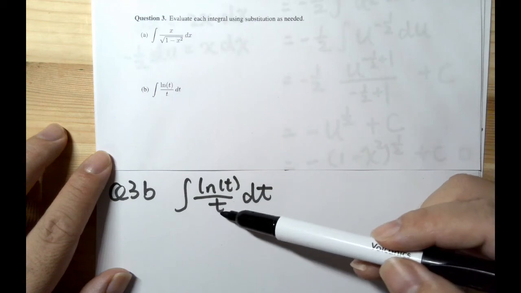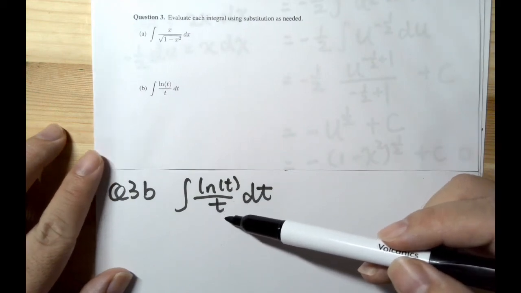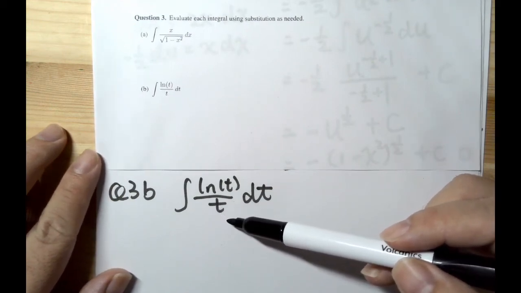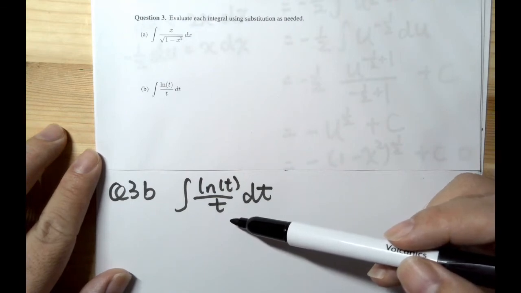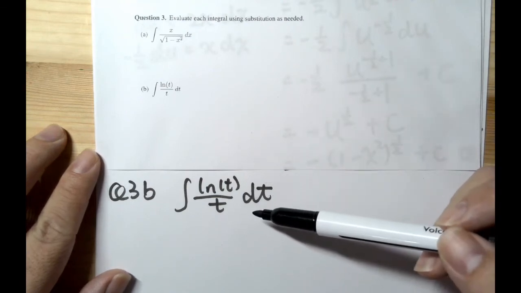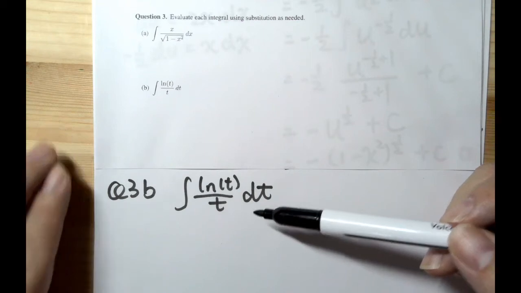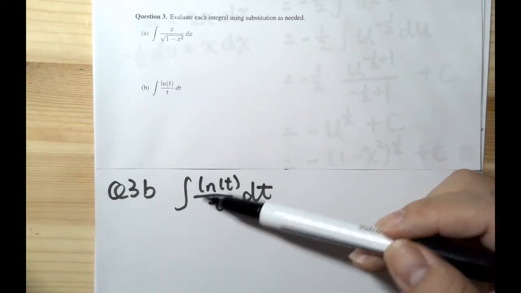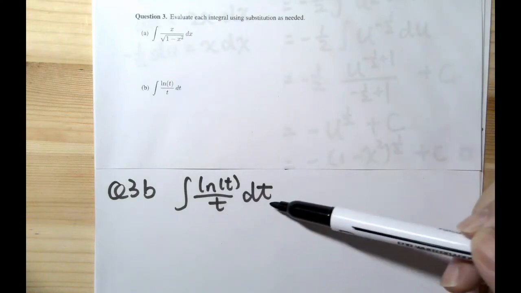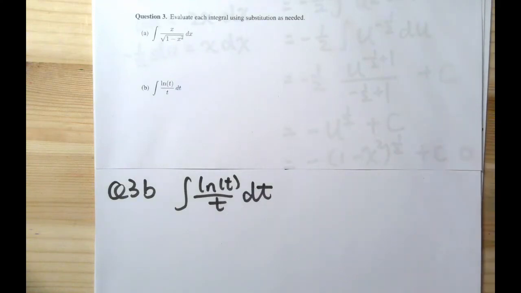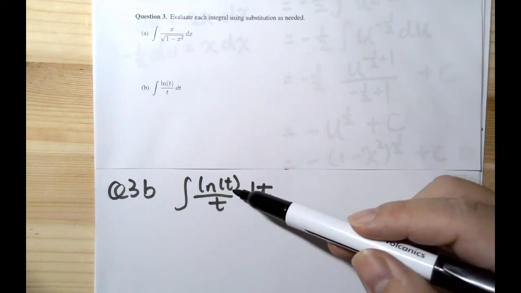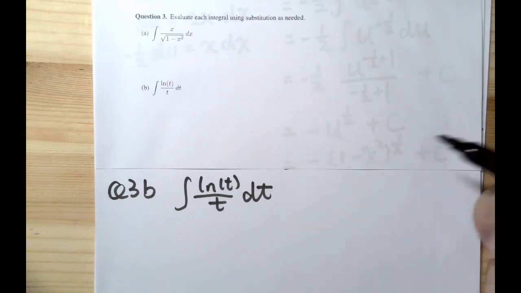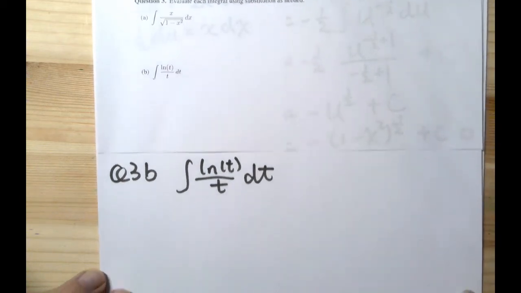If you set u equals t, you have du equals dt, and basically there's nothing you can simplify, because you're still going to have an integral of ln of u over u du. Nothing changed. However, if you set u equals ln of t, let's actually do that.